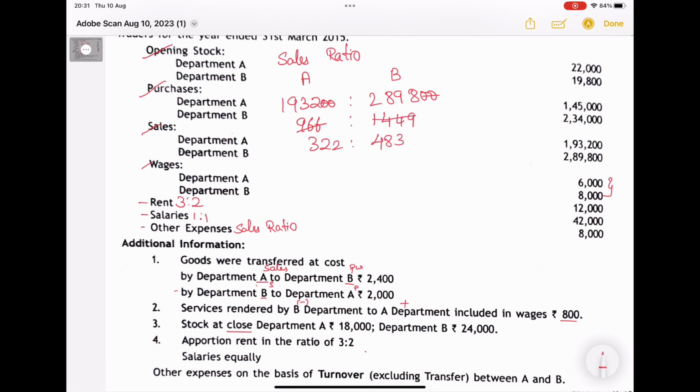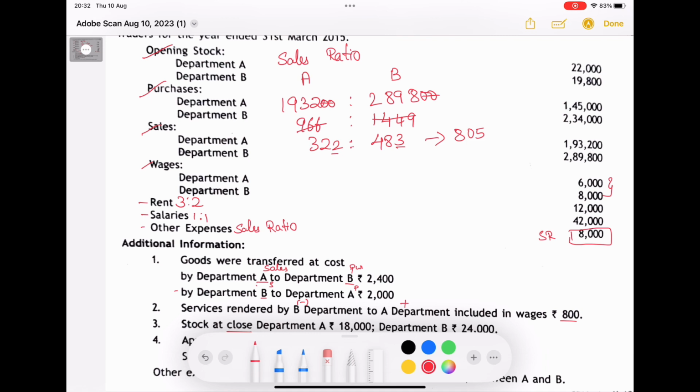This is the ratio we get. We can't reduce this further, since one is an even number and the other is an odd number. This will be the final one. If you add these two numbers, the denominator will be 805. So we are going to apportion these 8,000 in the ratio of sales.